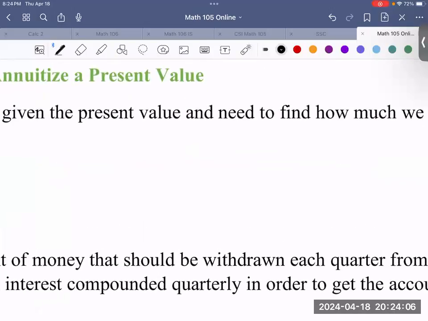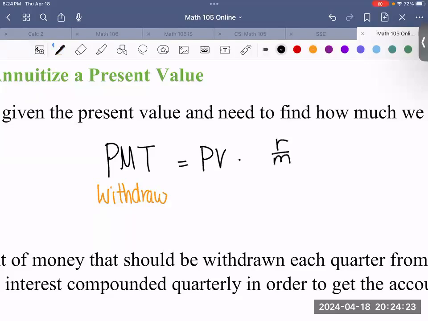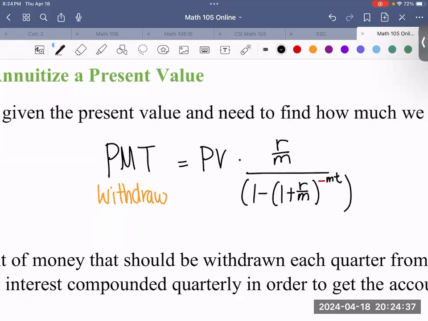So we are going to do your payment, which again is just a series of withdrawals in this case, which is equal to your present value times R over M divided by 1 minus 1 plus R over M to the negative MT. So it's kind of the reverse of what we've been seeing.